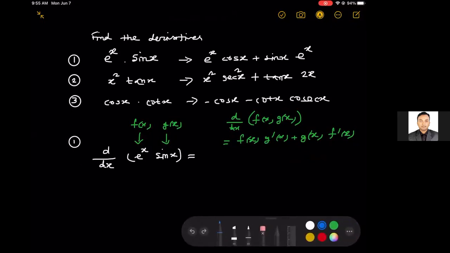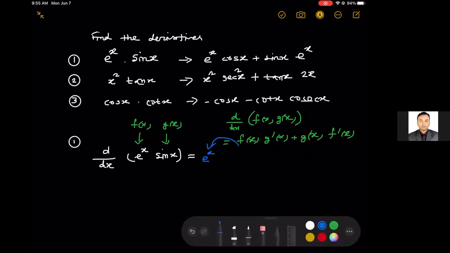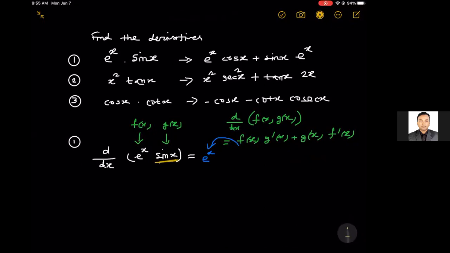So let's try. Let's keep e to the x. We're just keeping it like this, right? And find the derivative of the next. So what's the derivative of sine x? You already have that. Cos x. Yeah, it's cosine x.